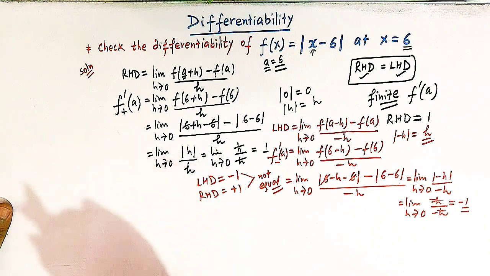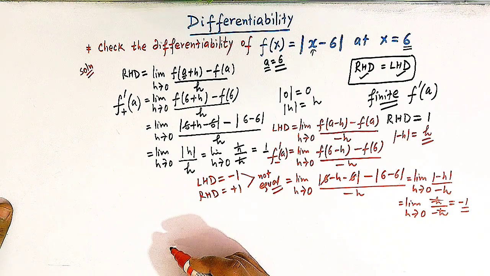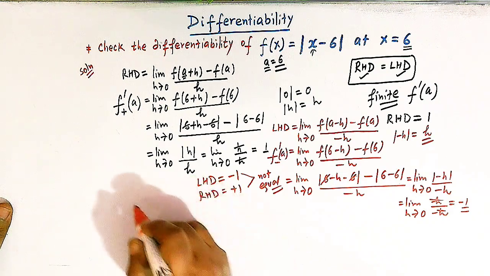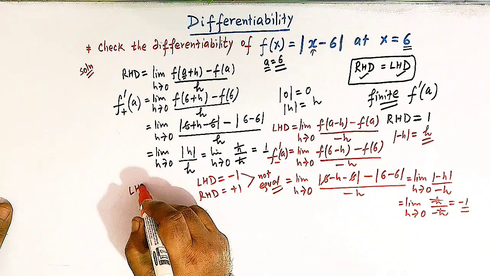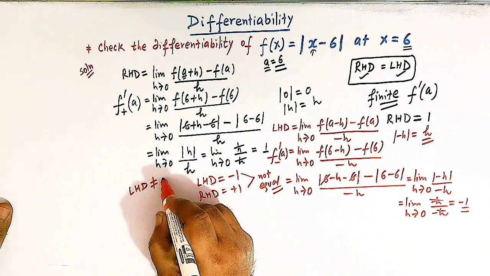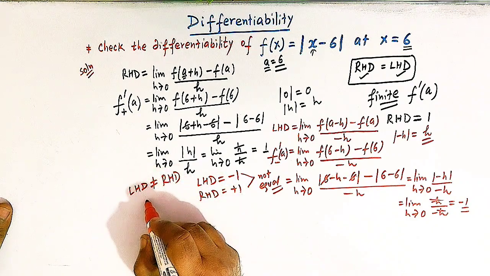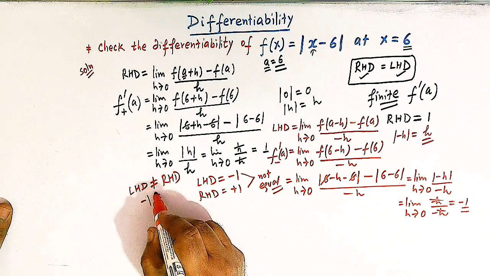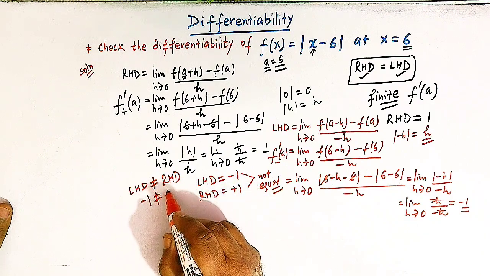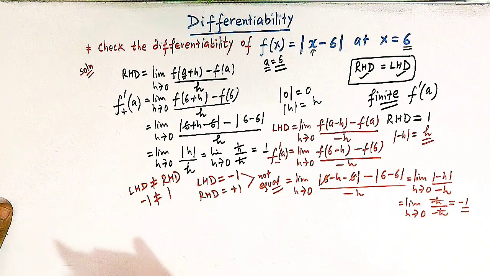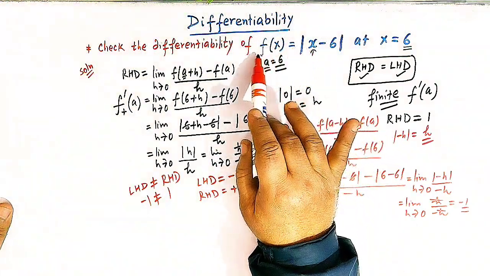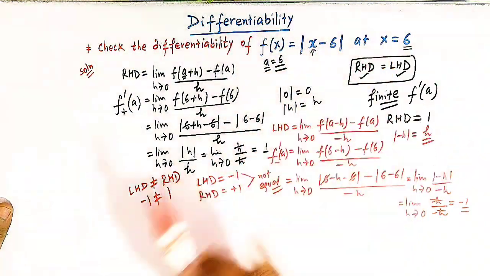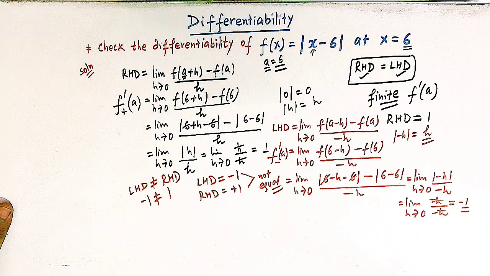But in this case, the left hand derivative is not equal to the right hand derivative, so it implies that we do not have a unique tangent to this curve at the point x equal to 6, right?